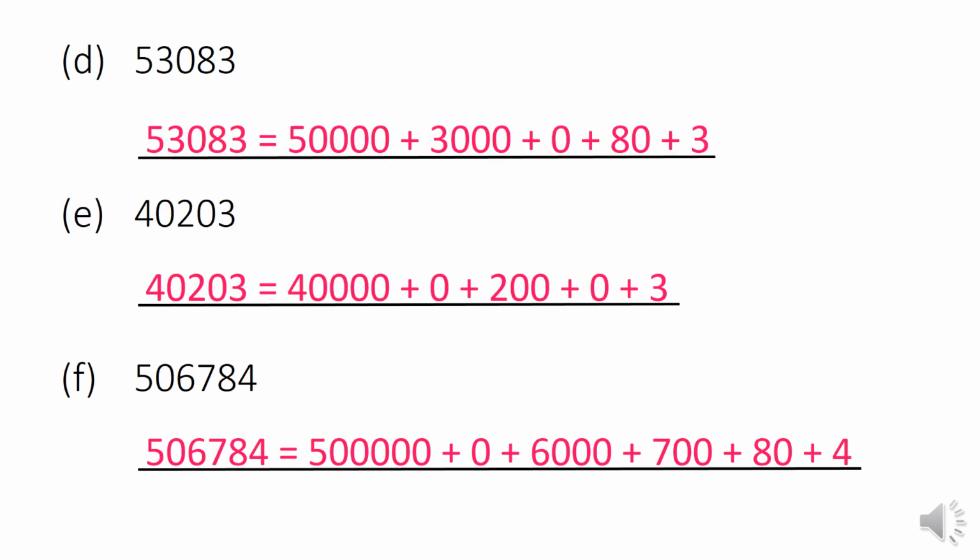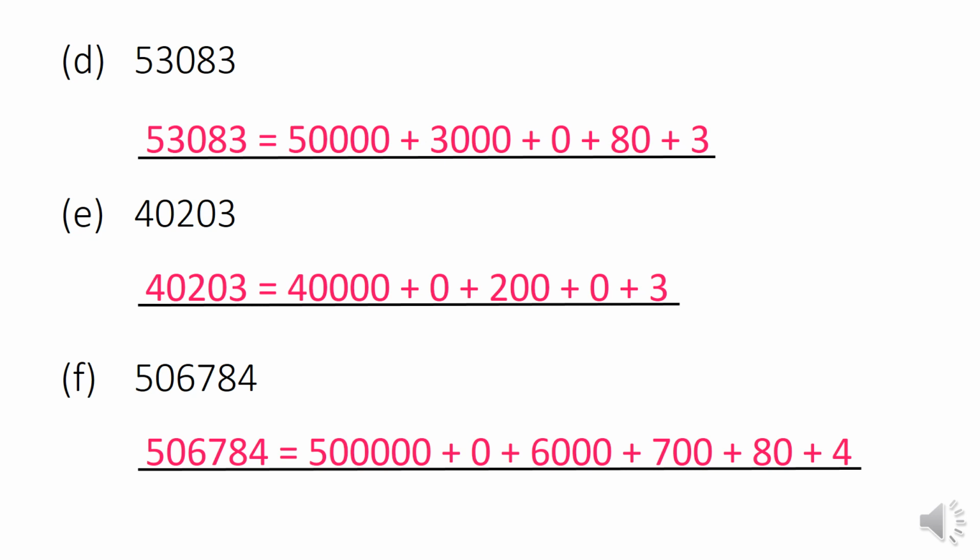Our next sub-question is write the expanded form of 53,083. 53,083 has 5 ten thousands, 3 thousands, 0 hundreds, 8 tens and 3 ones.